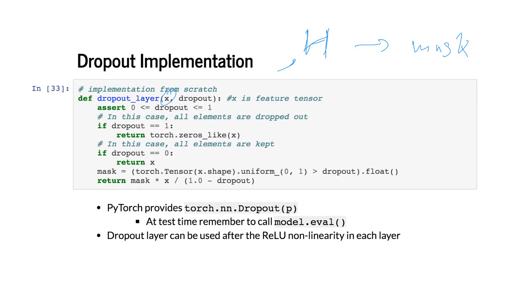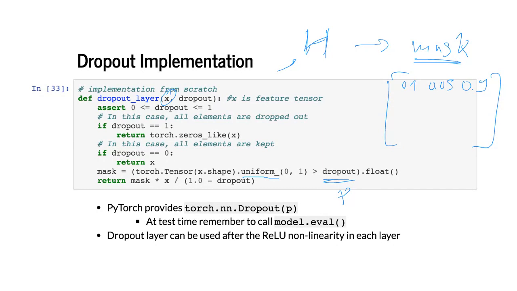And you initialize this mask with some values from a uniform distribution. Okay, so each element of the mask would be a number between 0 and 1. Okay, so it could be 0.1, 0.05, 0.9, and so on. And then you compare these values with the dropout rate, this probability P, okay?